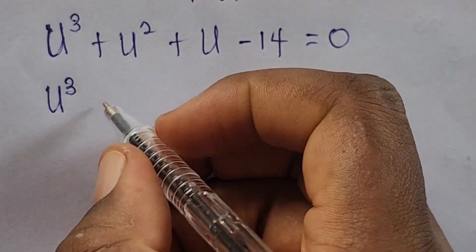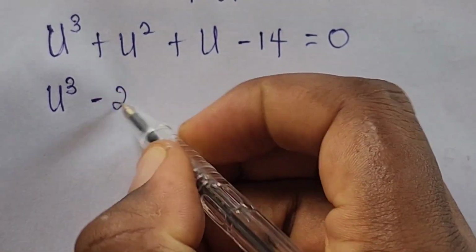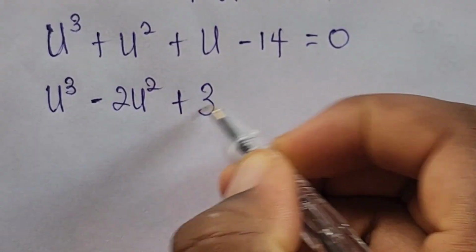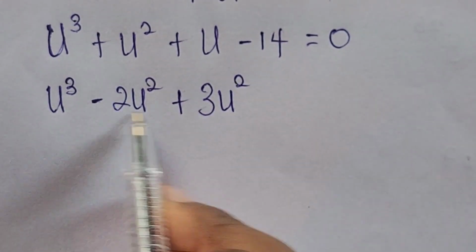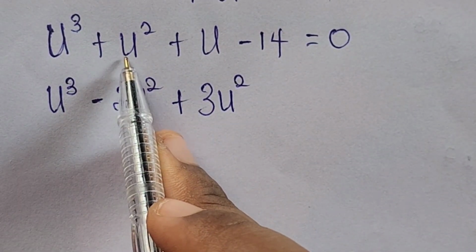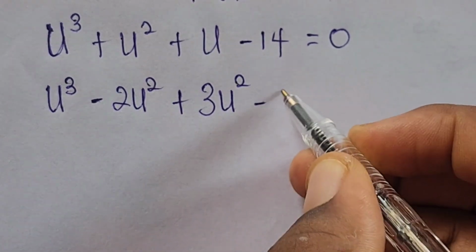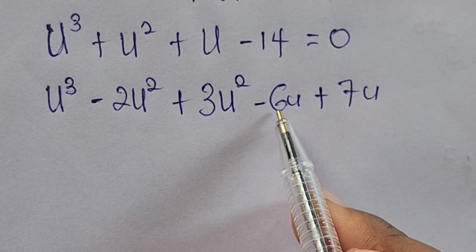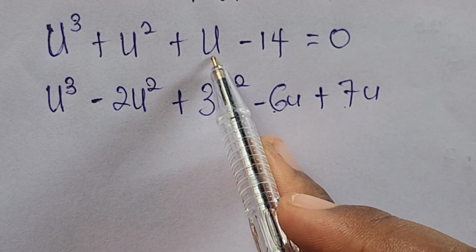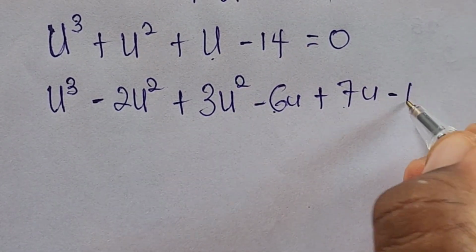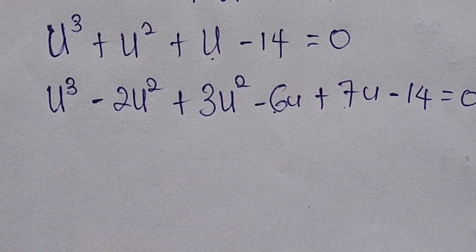Our u squared is the same as minus 2u to the power of 2 plus 3u squared. So when we add these up, minus 2 plus 3, we'll get positive 1. We have minus 6u plus 7u. Minus 6 plus 7 will get positive u. And we have minus 14 and it's equal to 0.